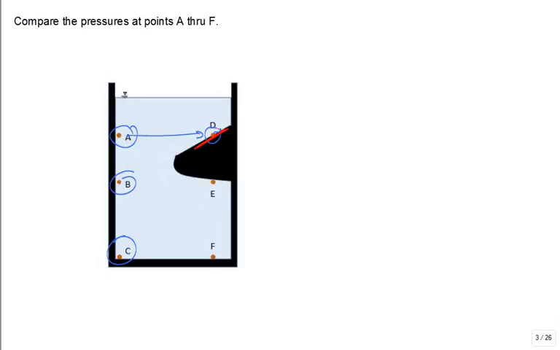Same pressure as point A. Now I have a concrete, heavy protrusion sticking out right here, and point E is the fluid right underneath it. If I look up from point E, I have to go straight through concrete before I get back into the fluid. Is the pressure at E greater than, less than, or the same as the pressure at B? The same. That tricks students up.